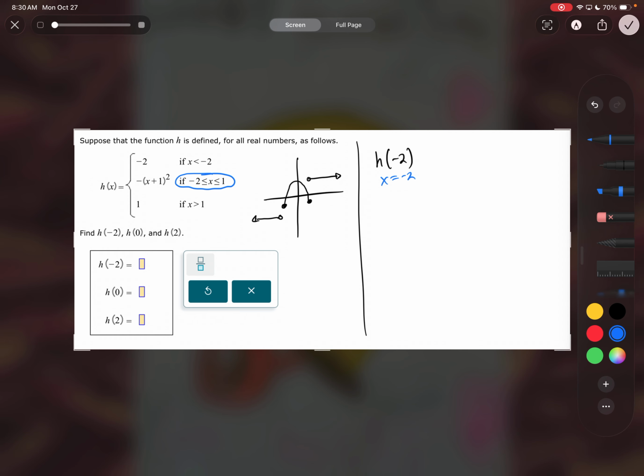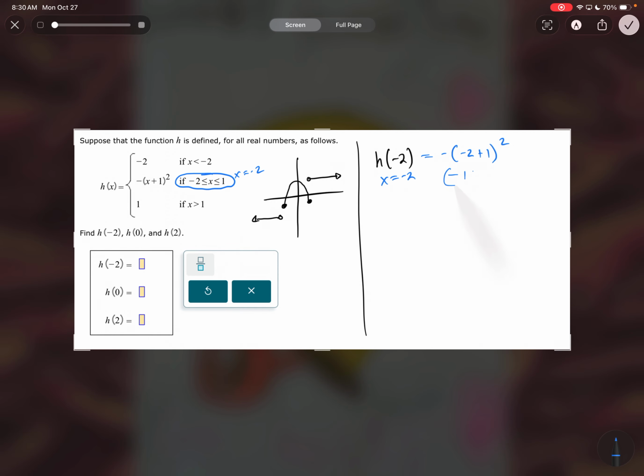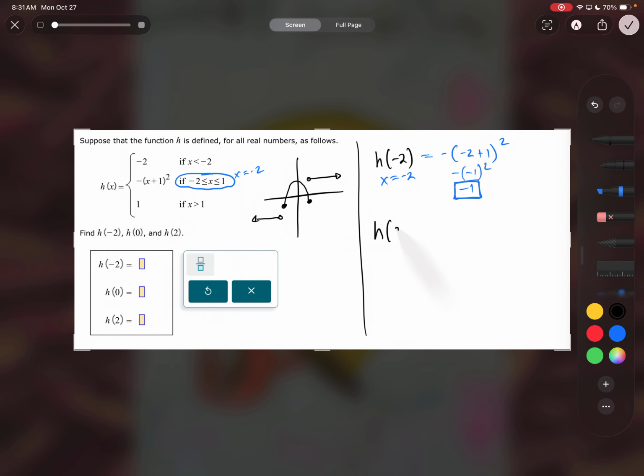So I am under this constraint when x equals -2, okay? So I am only going to plug it into that middle one. -2 plus 1 would be -1. And then you square it, so it'd be +1, and then my answer ends up being -1, okay? So you have to pick which one it fits under.